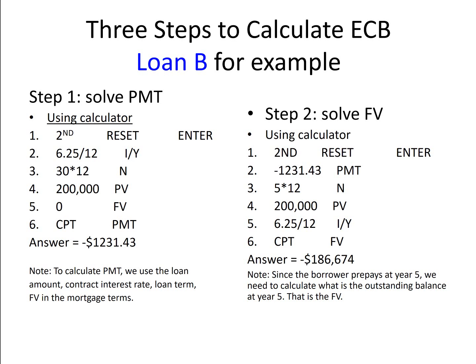So the monthly mortgage payment is negative $1,231.43. Number of periods equals 60 months. Present value is $200,000. Monthly interest rate is 6.25% divided by 12. The future value for loan B at the end of year 5 is $186,674, which is again a negative value because it is a cash outflow.